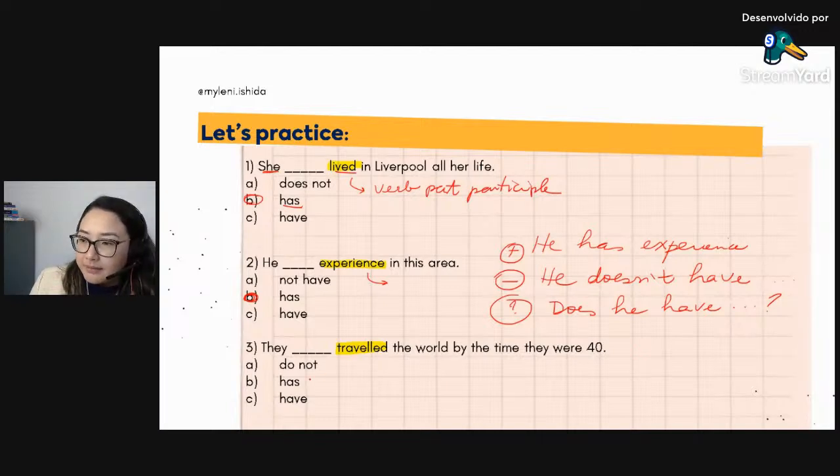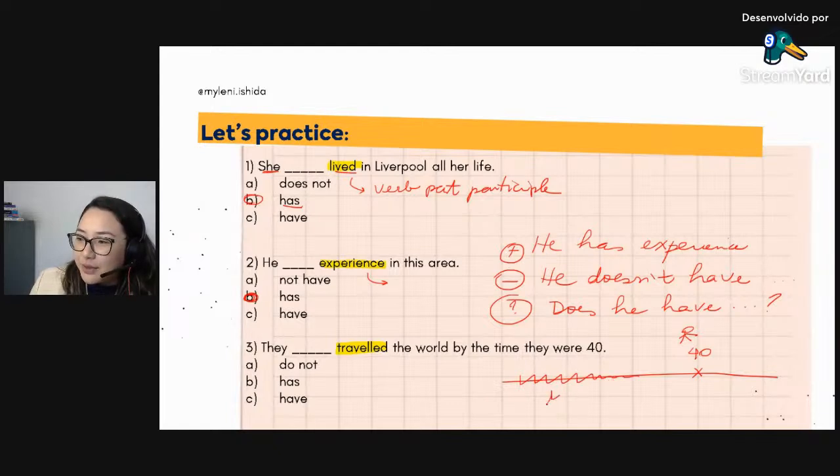Number 3, there is a mistake here. Here, I am talking about two actions that happened in the past, one before the other one. So in this case, I have two activities, travel the world and he was 40. Look, this is his birthday of 40. And this is his life before the 40s.